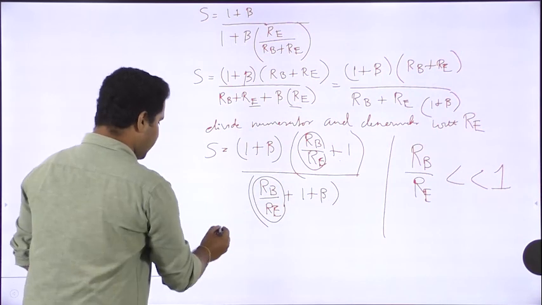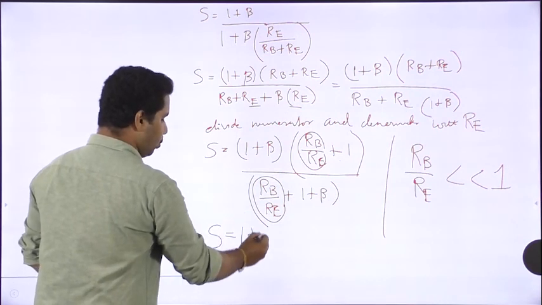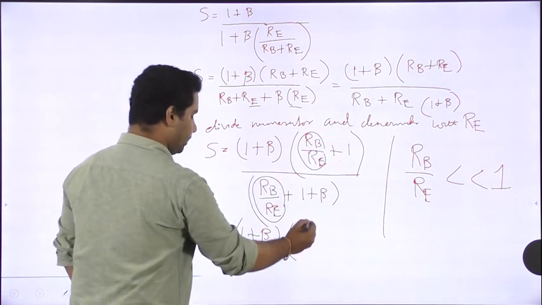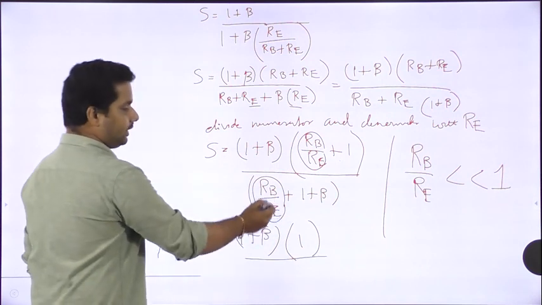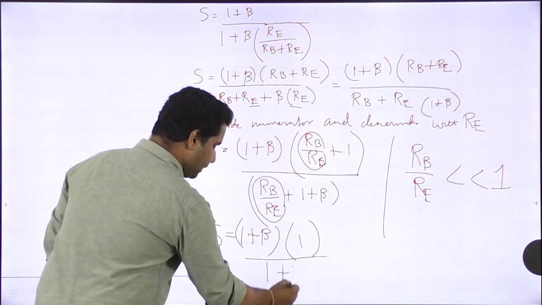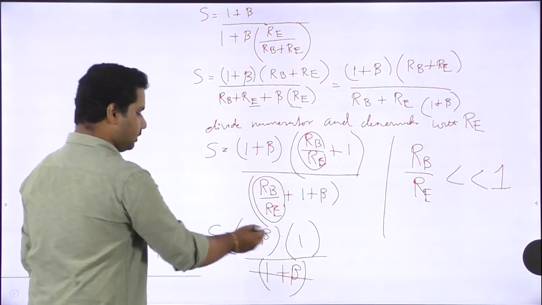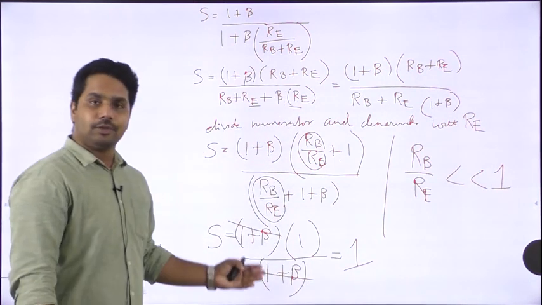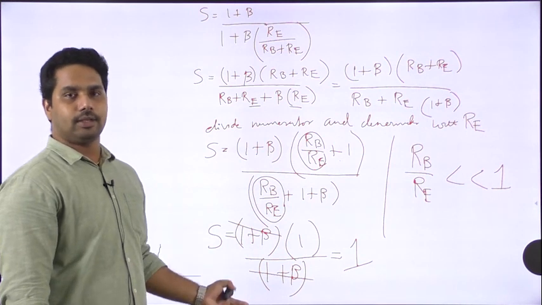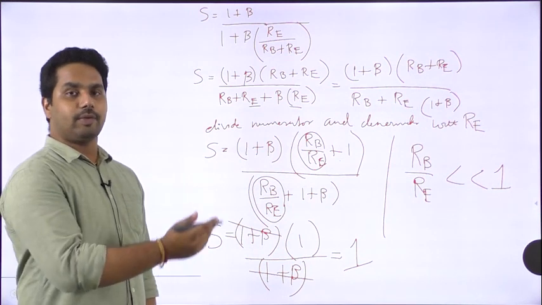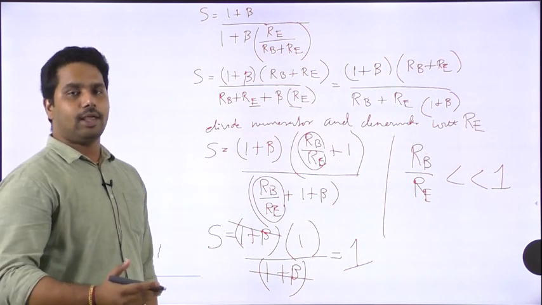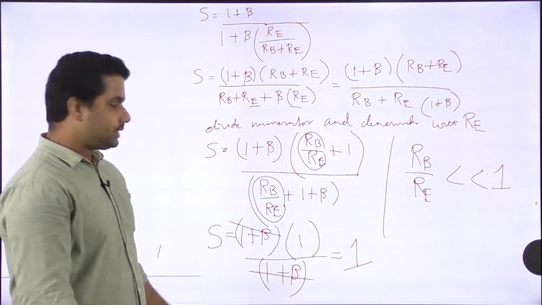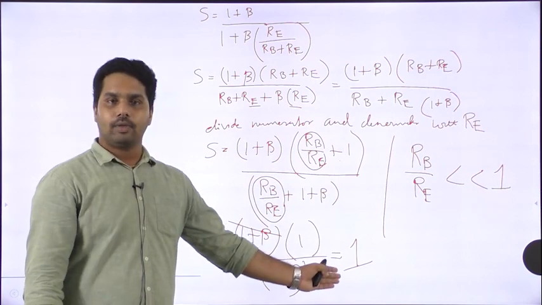If you are neglecting that, the stability factor S will be equal to 1 plus beta multiplied with 1 only there, divided by, we are neglecting that here. So the remaining thing is what? 1 plus beta will be there, and this 1 plus beta will get cancelled, so S will be equal to 1. And because of this reason only, this voltage divider biasing is the most commonly used biasing when you are comparing with the previous two, like fixed biasing or collector to base biasing. Because for this particular one, ideally speaking, we can say that the stability factor can be made 1 ideally.